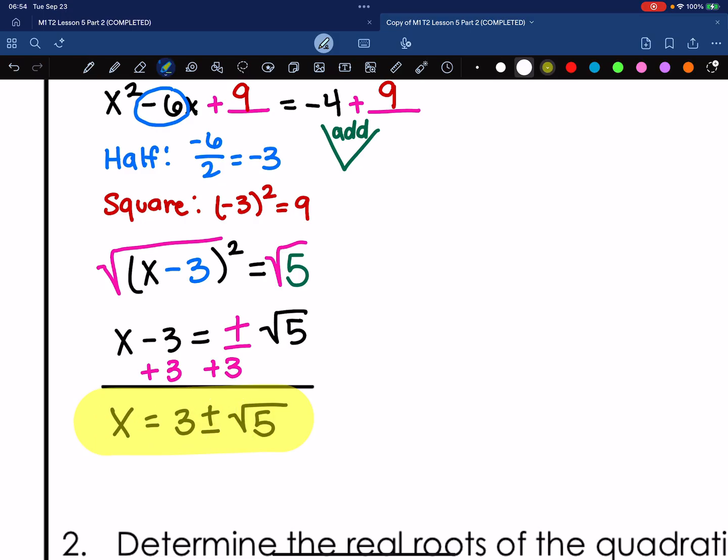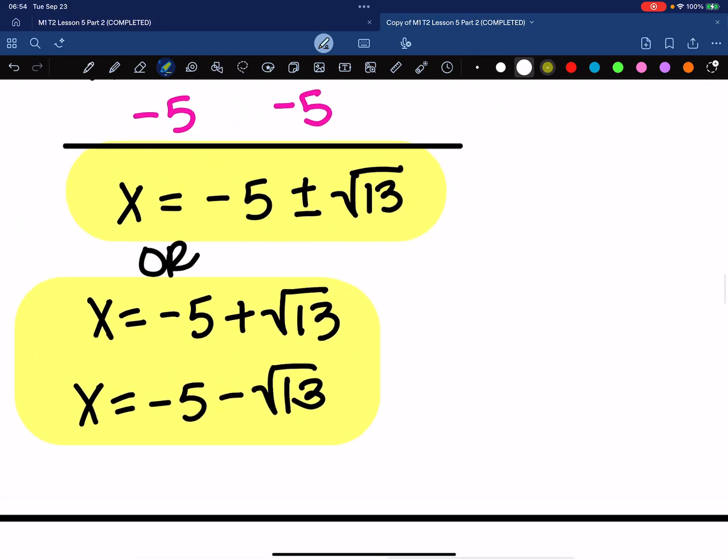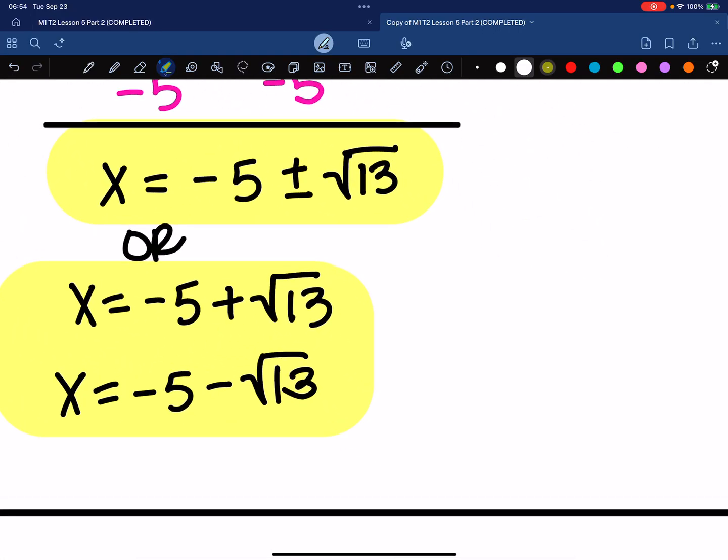Now, one thing that I did forget to say is that you could type these in to get decimal approximations. So real quick, let's go back to these first ones where we actually split it up. So in your calculator, you could type in negative 5 plus the square root of 13. And that would give you the decimal approximation of negative 1.394.